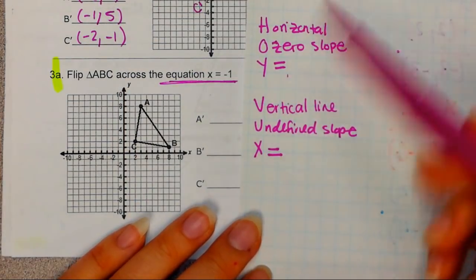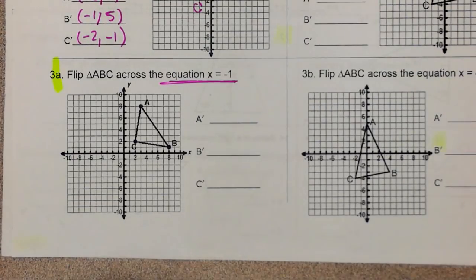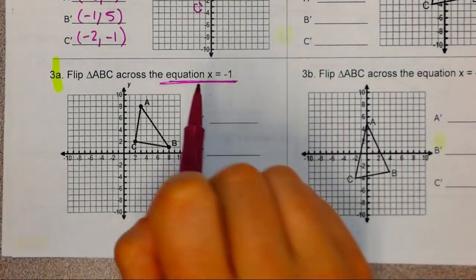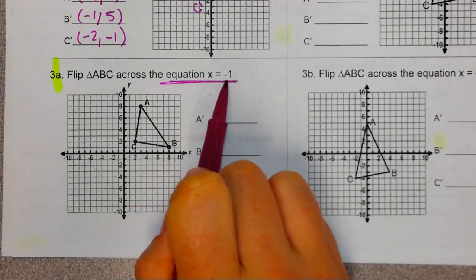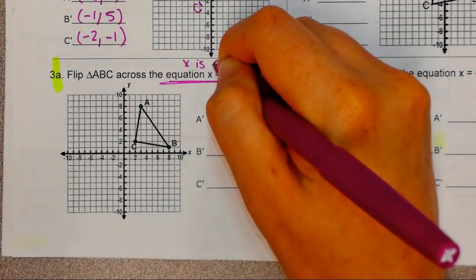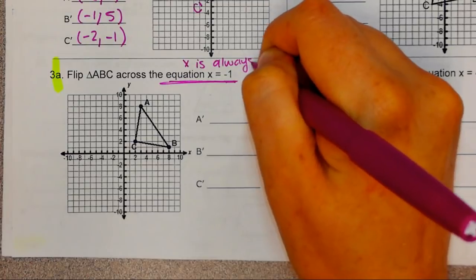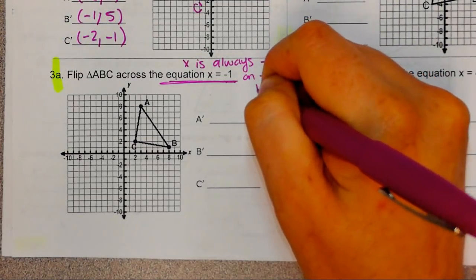Now these are good memorizing tools, but if you really want to understand why it's a vertical line, you can read this like a sentence. It's saying x equals -1, or in other words, x is always -1 on this line.